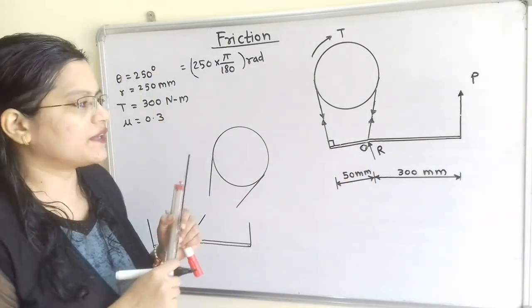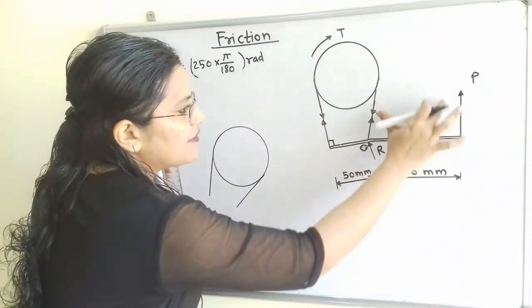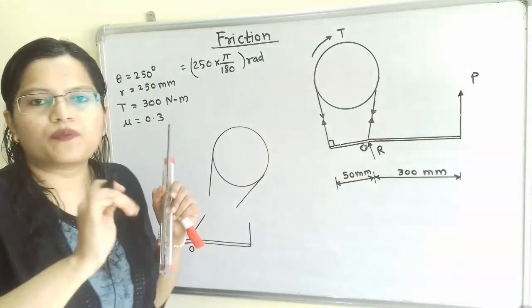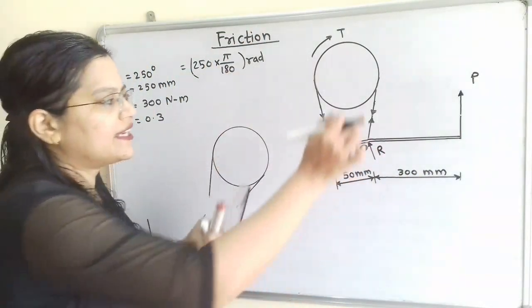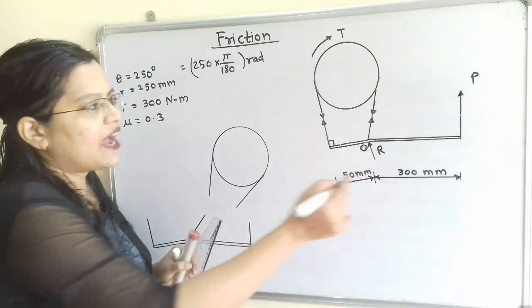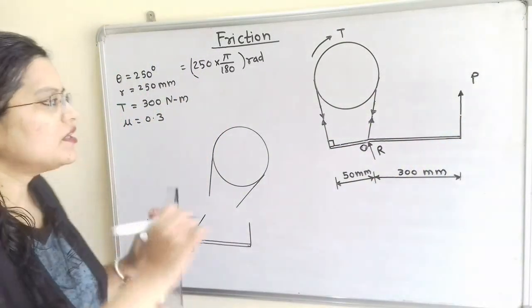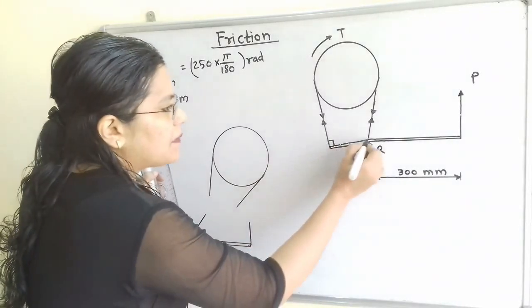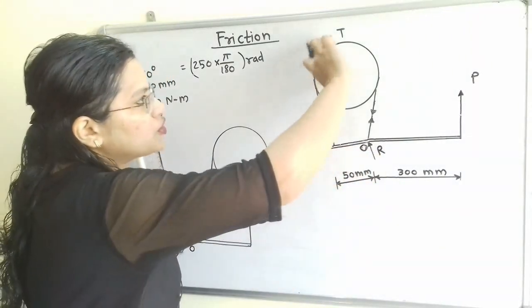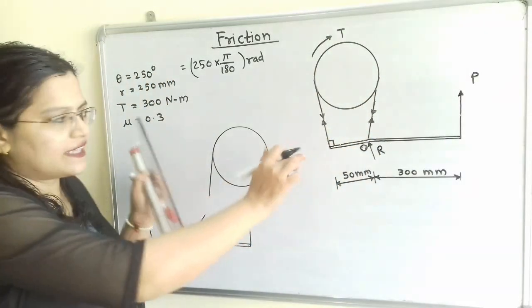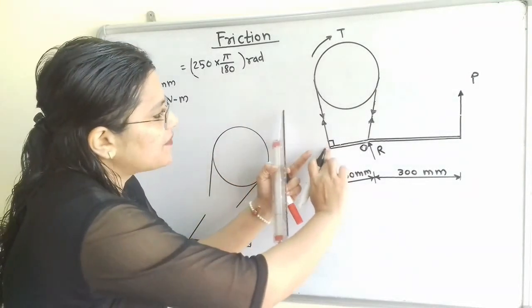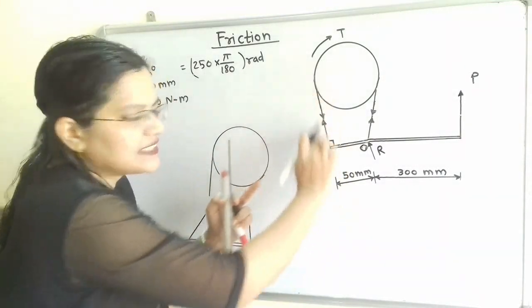It is also given. Now this part of the lever is pivoted about point O and it is rotated about this point O, and we have to find out the applied force P. So we can say that this part is the fixed part and motion is in the clockwise direction, and because this part is the fixed part, we can say that this is the tight side.